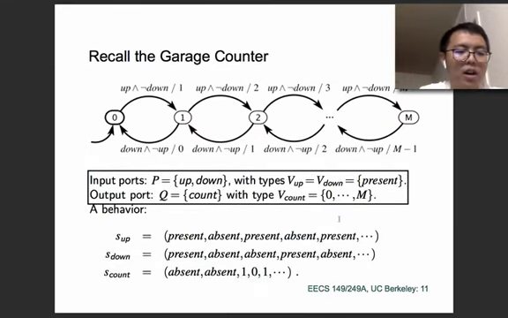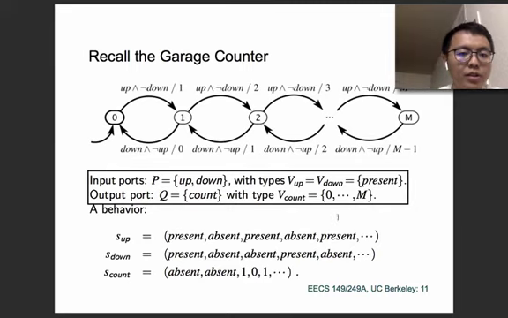So now let's take a look at language containment. But first of all, let's recall an example, the garage counter.